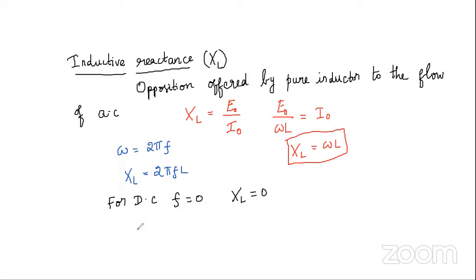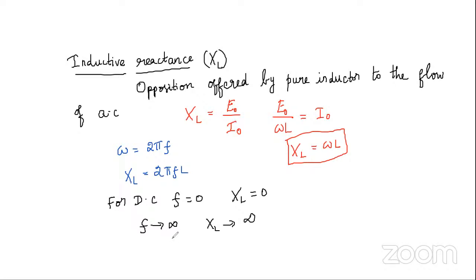And the other point is when your frequency tends to infinity, then your XL also tends to infinity. That means when the AC signals change their amplitude and direction very quickly, that is the meaning of this statement. It tends to infinity. So inductor gives high opposition to AC.